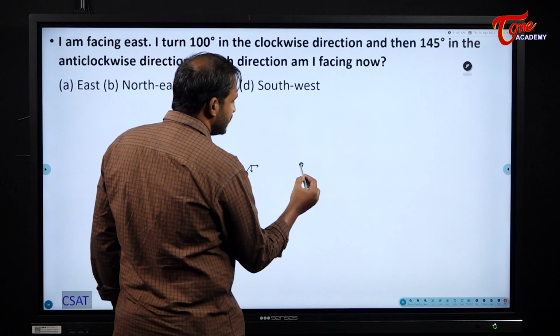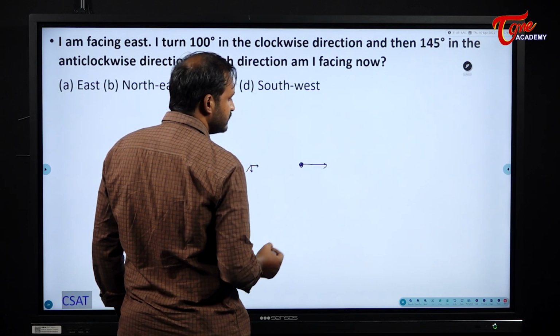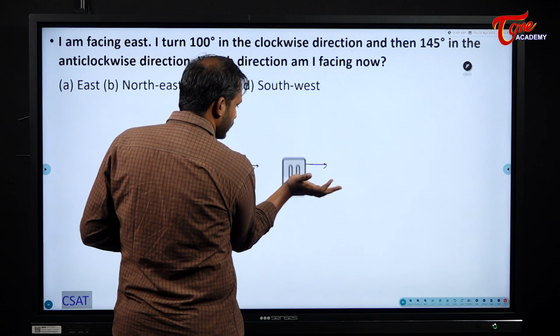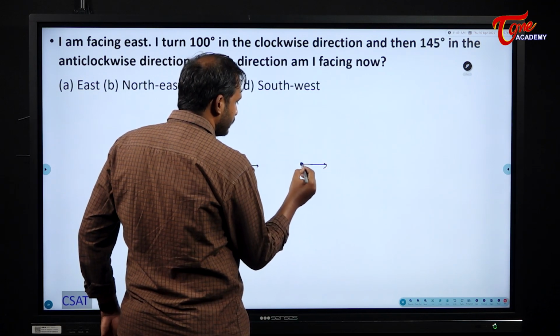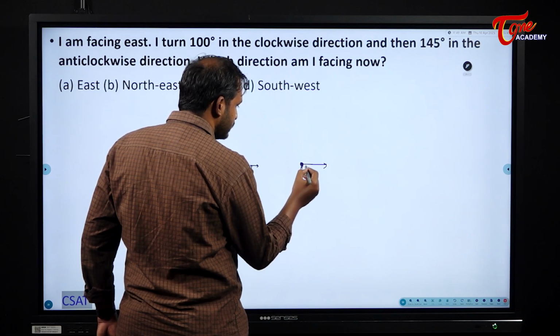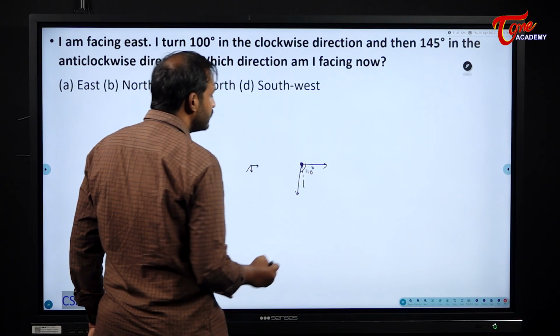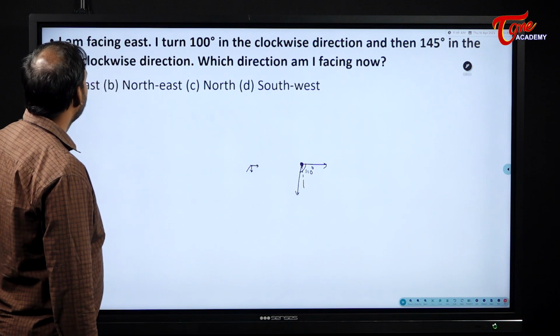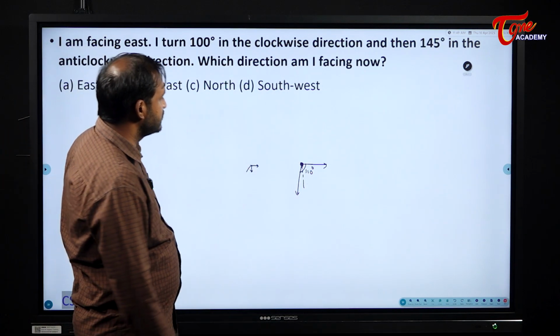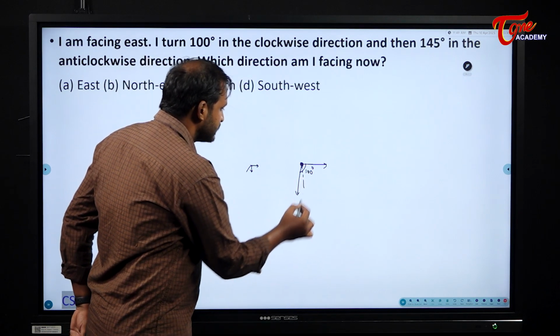Now see here, actual position is this, and from here I came to this position. Sorry, drawn in a middle manner. This is 90, and now I came to this position. This is 110 degrees in clockwise direction, and then 145 degrees in anti-clockwise direction.